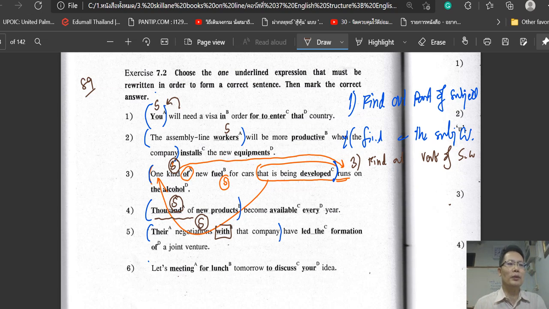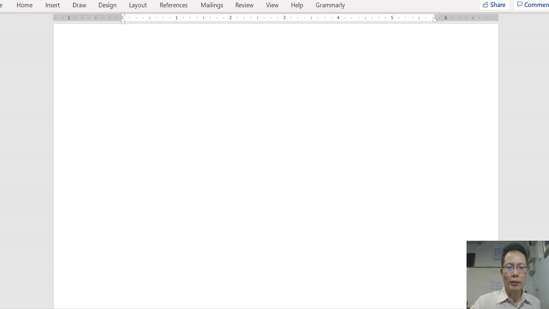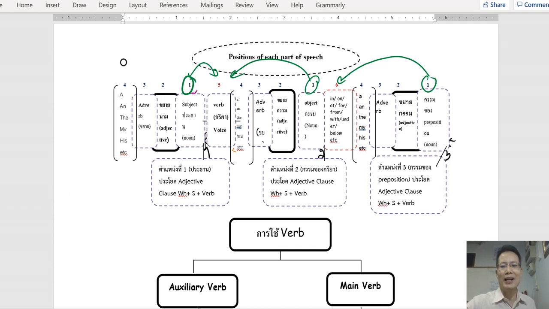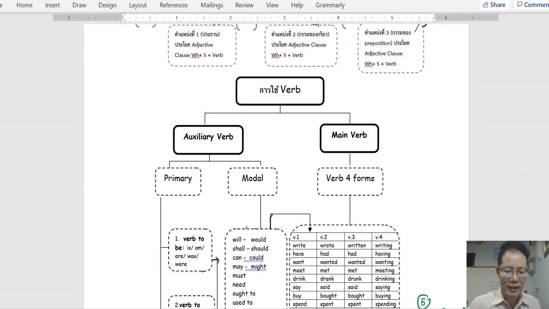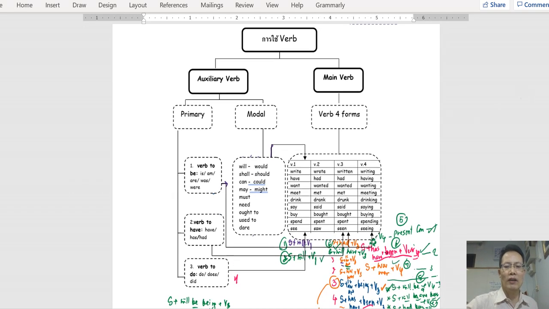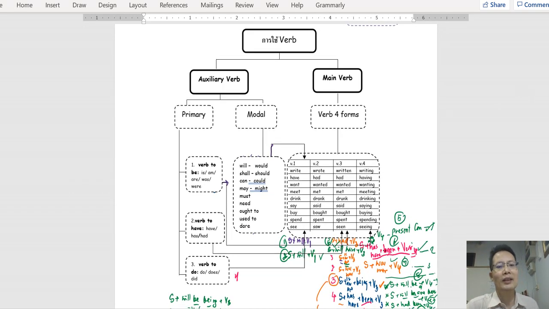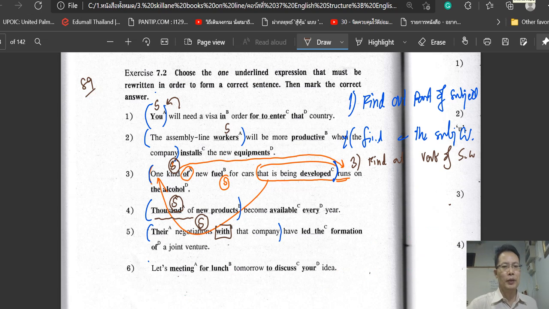Will, would, shall, should, 13 words. If you cannot remember, please come back to study this one by heart until you understand clearly. All of this we studied before, tenses and voices. All of these are the key factors that everybody must understand if you are my students.